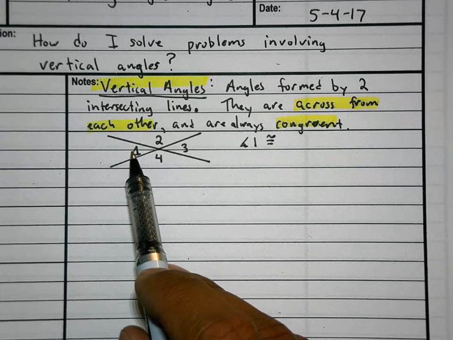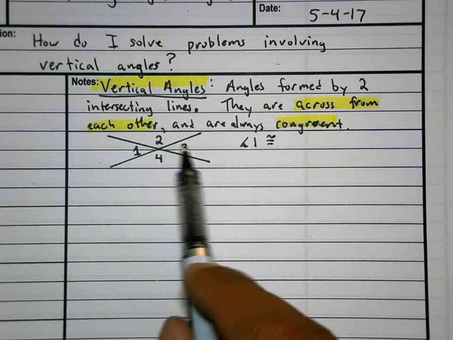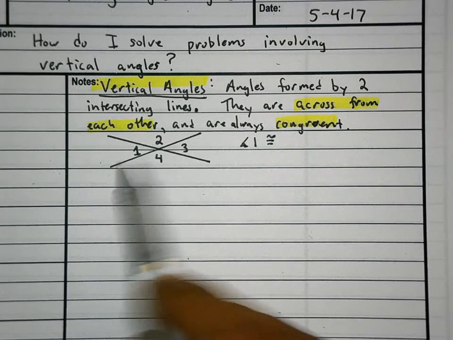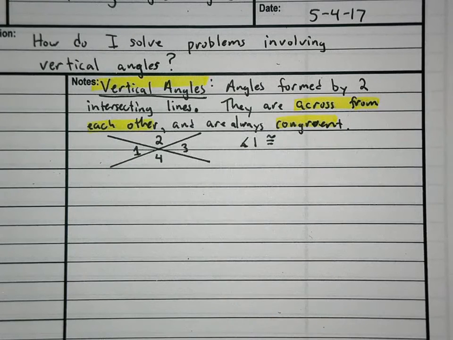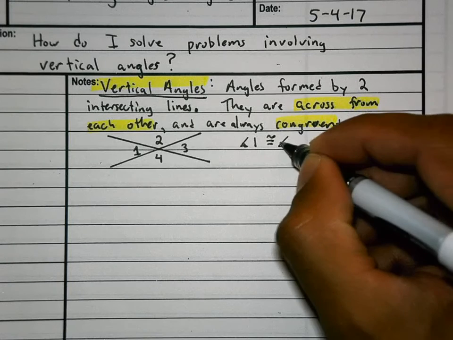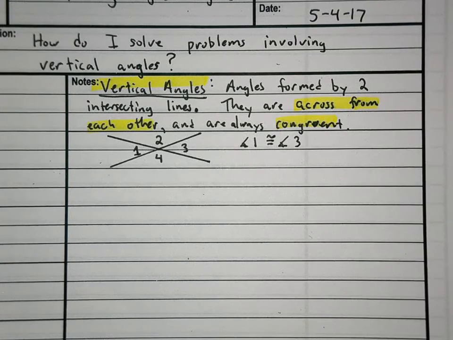If angle 1 is acute, then the other side should also be acute, and it should also be congruent. Which one is congruent to it? Angle 3. 1 and 3 are vertical angles. 1 and 3 are congruent because they're across from each other. It's formed by two intersecting lines.